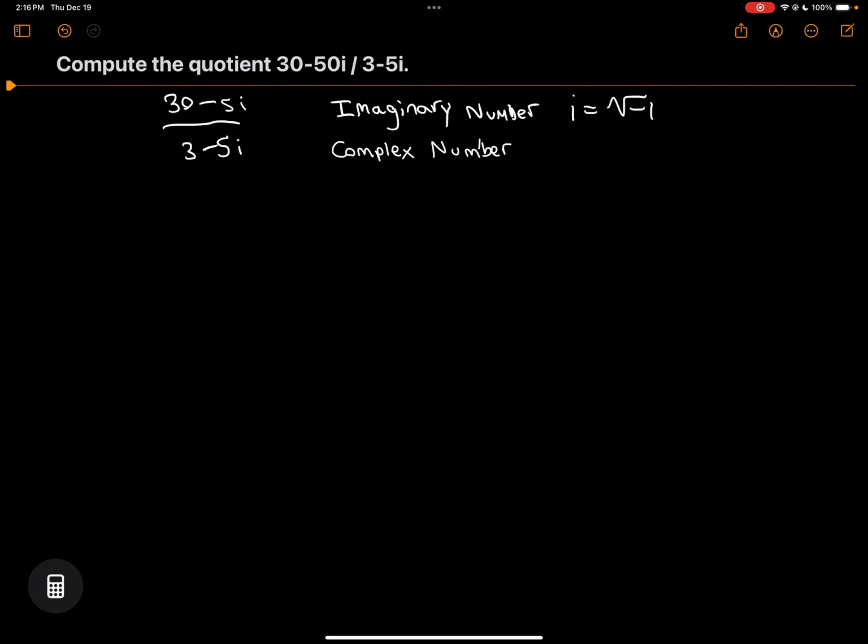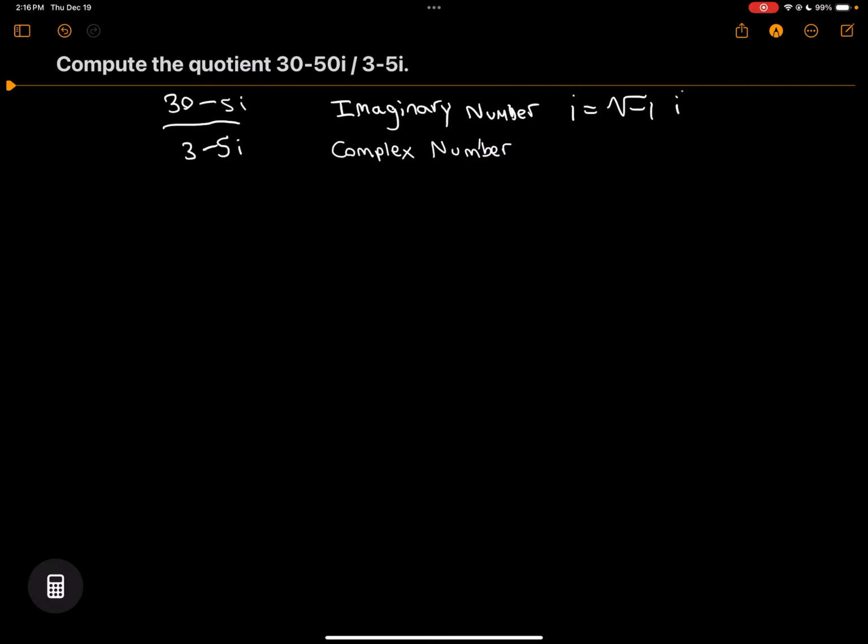So i helps us solve problems like the square root of negative 36 or the square root of negative 49, where the answers are considered imaginary. For example, the square root of negative 36 would be some multiple of i. Another important fact about imaginary numbers is that i squared is negative 1.